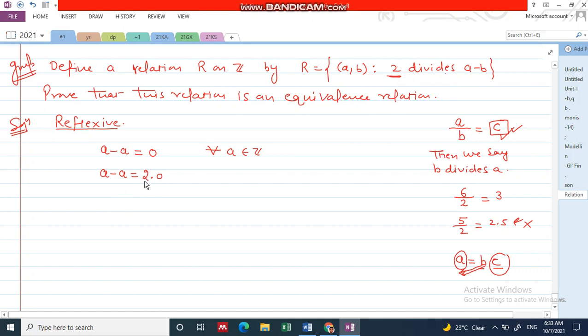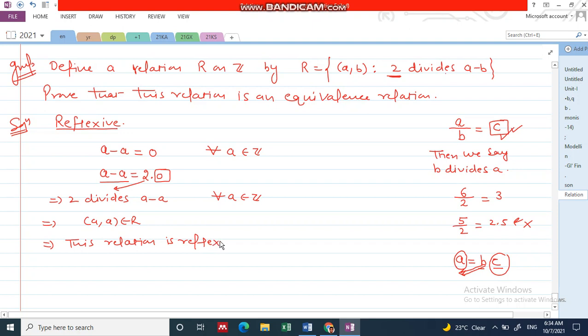Since here I have an integer, we can say that 2 divides a minus a, and it holds true for all a belonging to Z. So (a, a) is a member of the relation. It implies that this relation is reflexive.